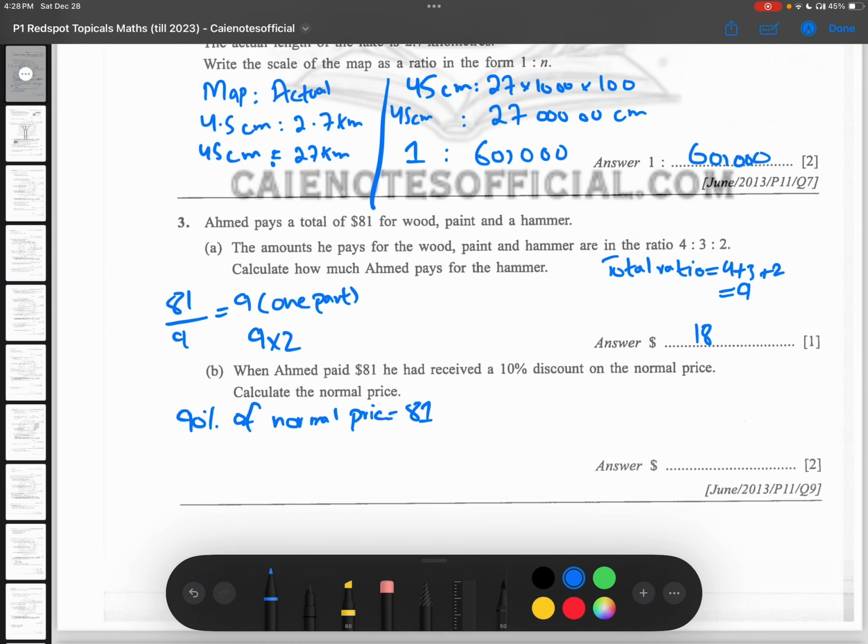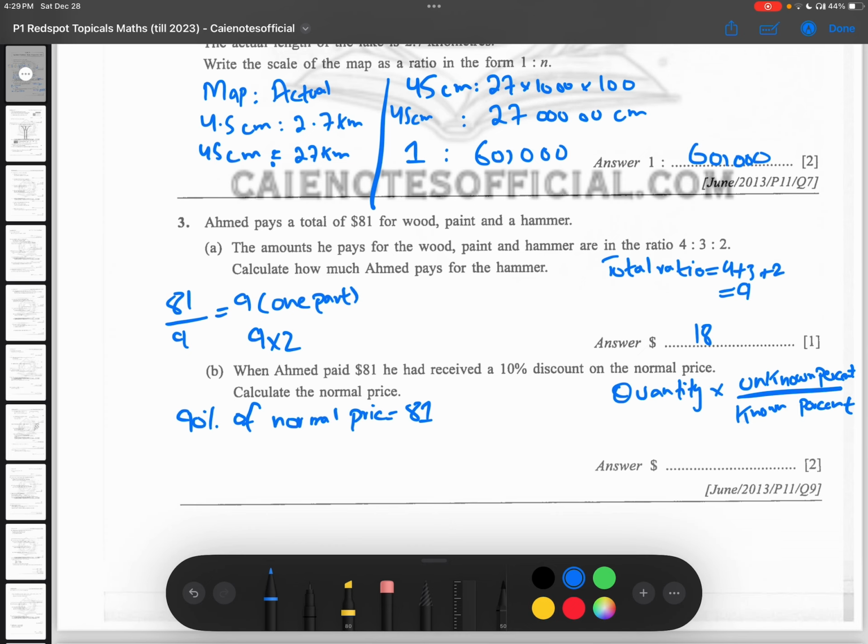Now, the formula for this is: if you know a quantity, the unknown percent is at the numerator of the fraction, and the known percent is at the denominator of the fraction.